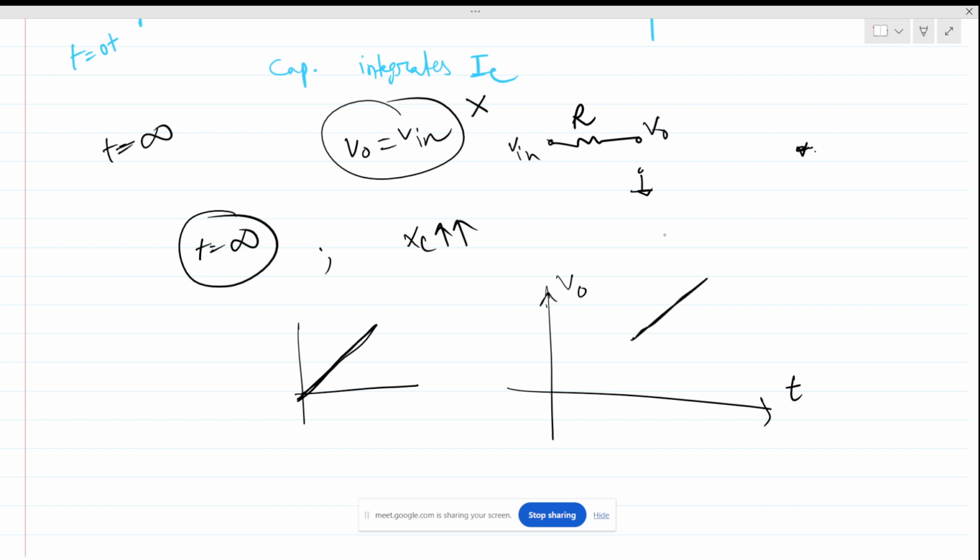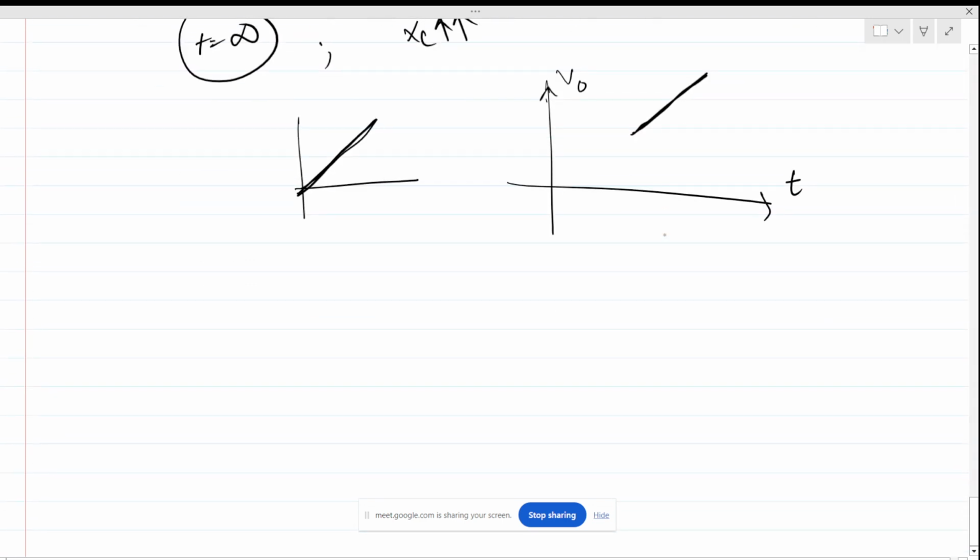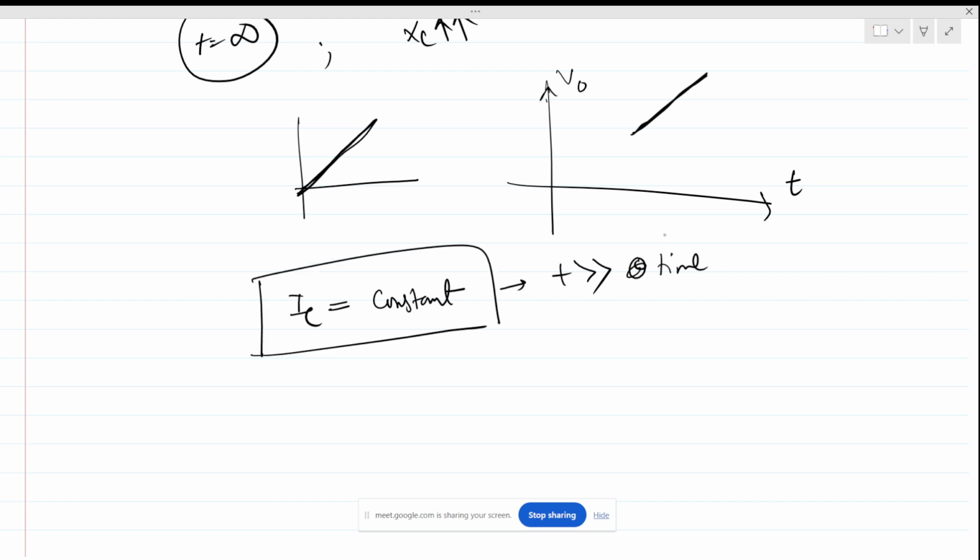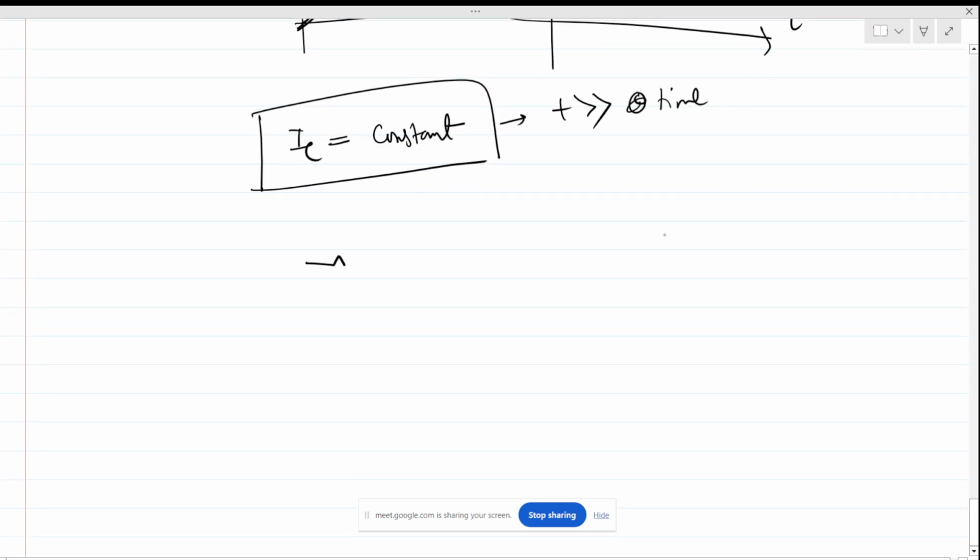When it is charging through a constant current. So IC becomes constant at t very much greater than 0, like infinity. Now if IC is constant, there will be a finite drop across this R, right?